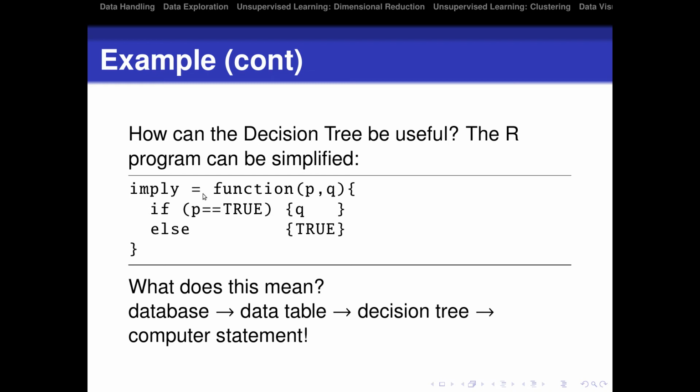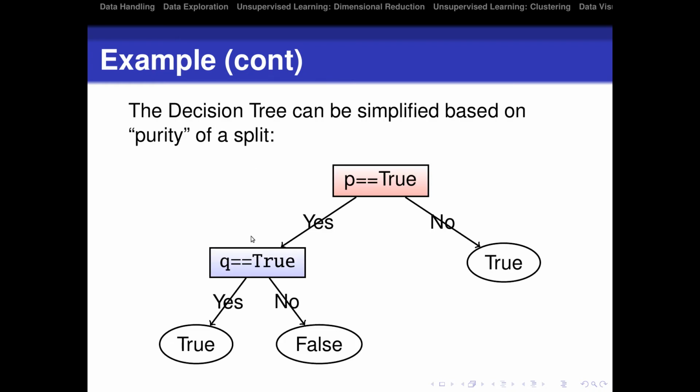We find that, again, imply is a function which takes in P and Q. When P is true, instead of checking Q again, we just look at this: when Q is true, output is true; when Q is false, output is false.